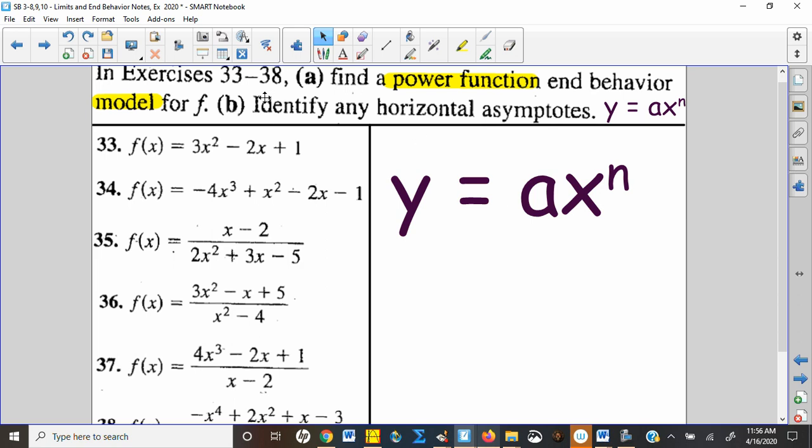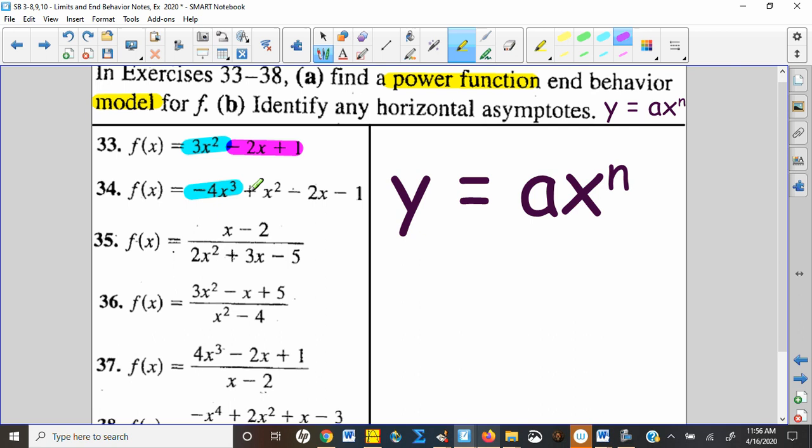Now, what our lesson yesterday taught us is that for any polynomial, the most powerful term will model the end behavior of the entire polynomial, because the further out you go, the rest of this stuff becomes less and less of a factor.